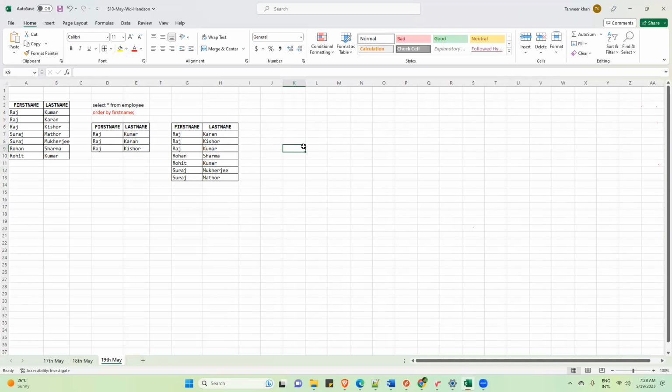Now, suppose the question is that I want to sort based on the first name, but if multiple records have the same first name, then consider the last name column and sort that in ascending order.